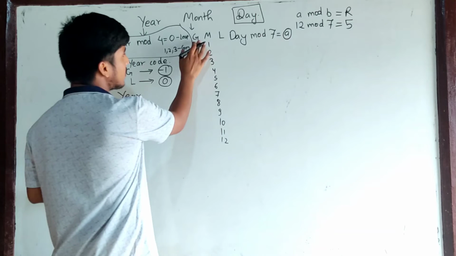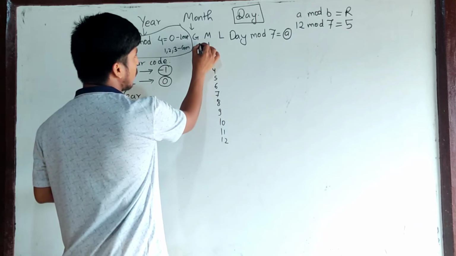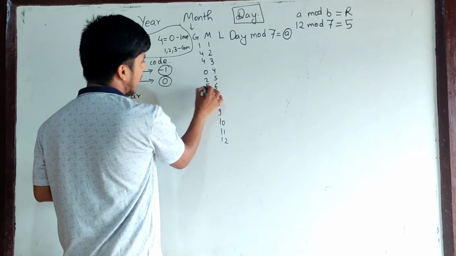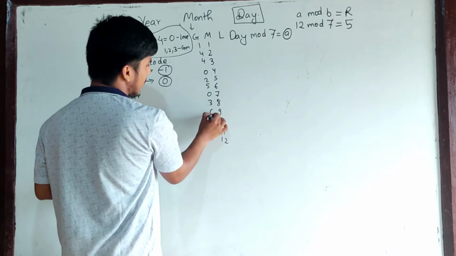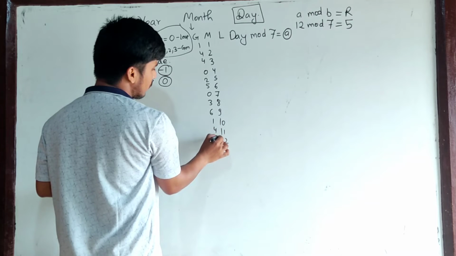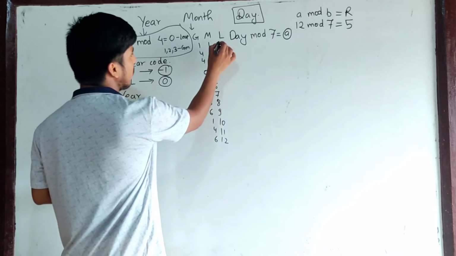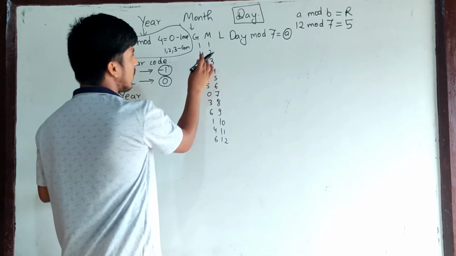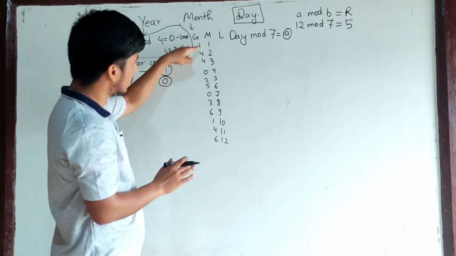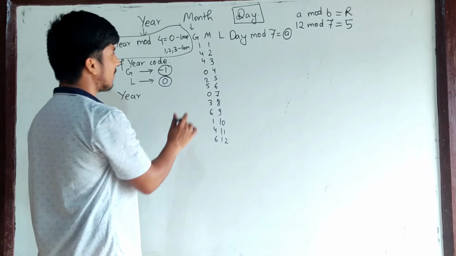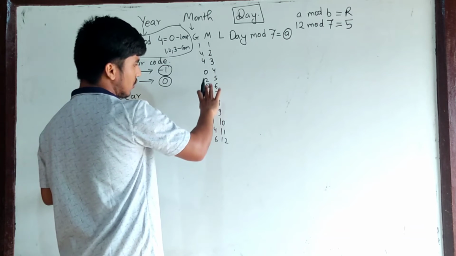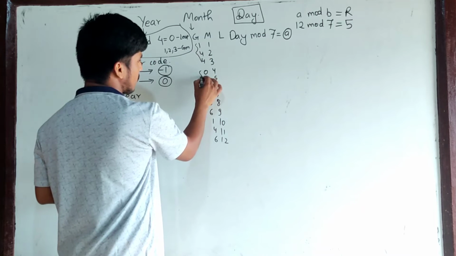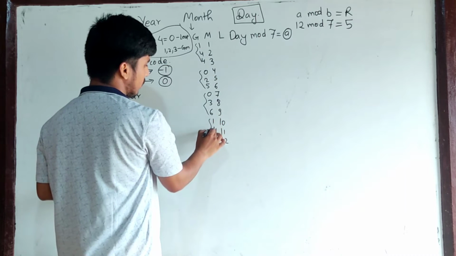So for a general year, the code is 144 025 036 146. For memorizing this code, we have to divide this set of 12 codes into 4 groups of 3, right?